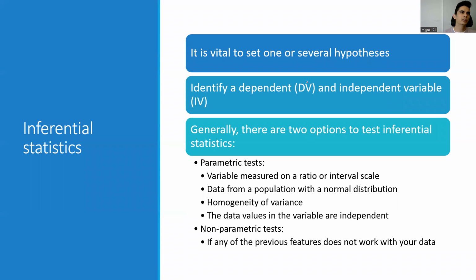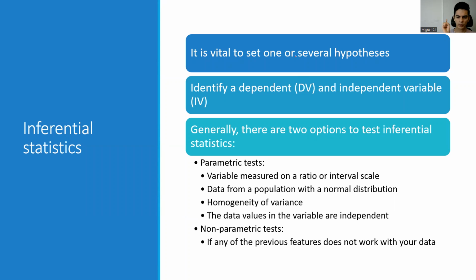It's not the best if you come with, let's see what happens. That will lead to very weird results. So it is better if you come with some hypothesis, because now we are talking about two variables, right? All of the descriptive statistics are single variables.